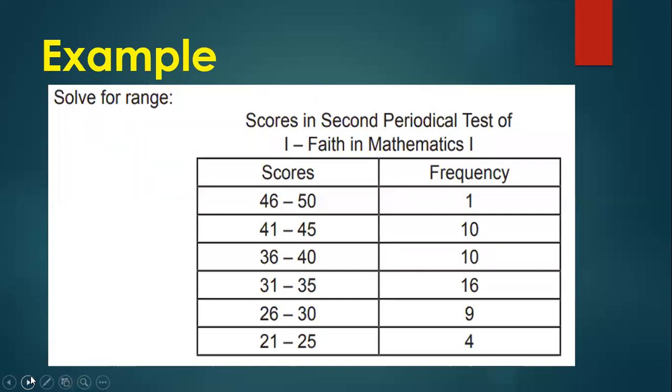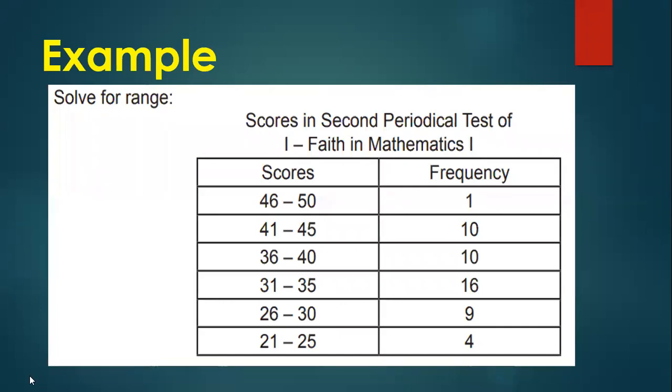And the frequencies are 1, 10, 10, 16, 9, 4. Frequency is the number of students who got those scores. For example, there is 1 student who got scores between 46 to 50, then 10 students got scores 41 to 45, and so on.